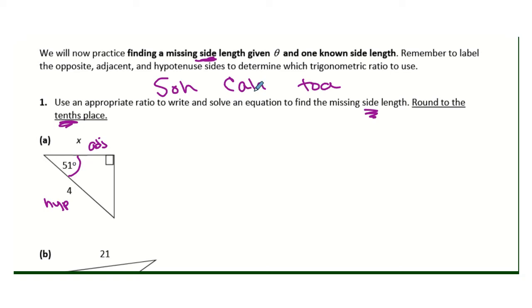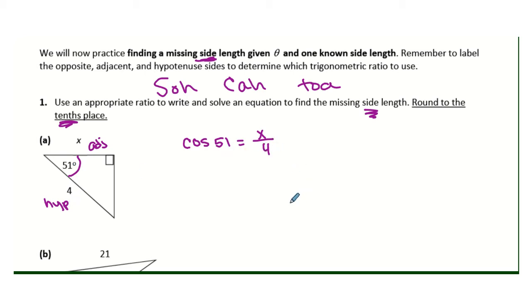The only one that uses both adjacent and hypotenuse is cosine. So here we're going to be using the cosine function. So cosine, and then instead of saying theta, I'm going to say my angle number. So the angle is 51 degrees, and that is going to equal my adjacent side over my hypotenuse.